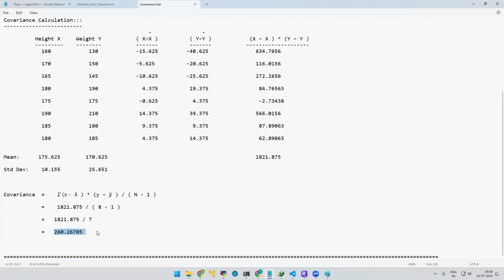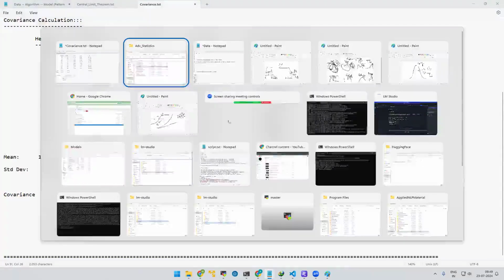If it is a positive value, it means it increases, but at what rate? Obviously, it is difficult to say by this number whether if height increases, weight will increase or not. So there is another concept called correlation.